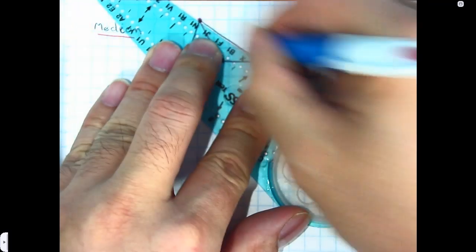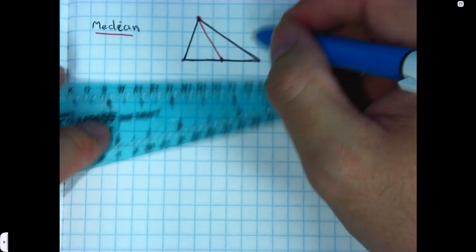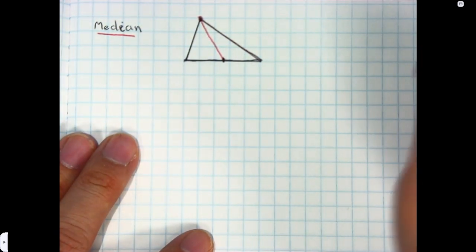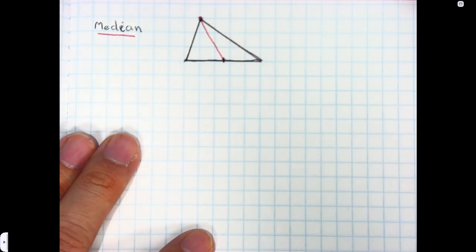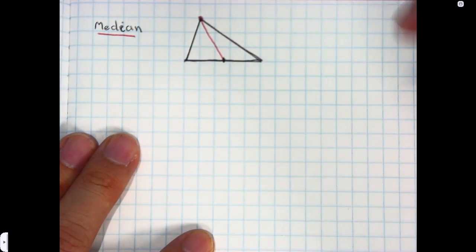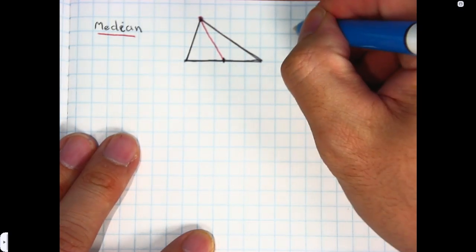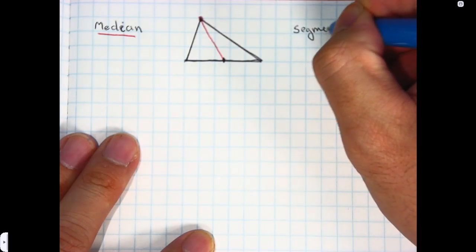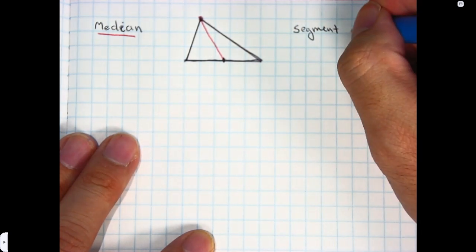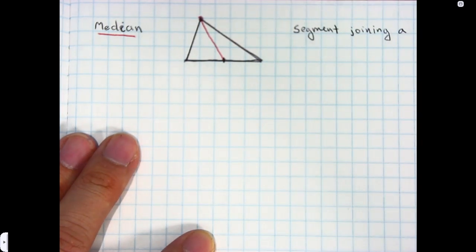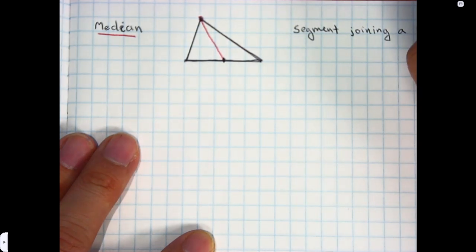So, given a triangle, the vertex, and the midpoint, the median is the segment, just a piece of a line joining a vertex to the midpoint. That's the reason why it's red.